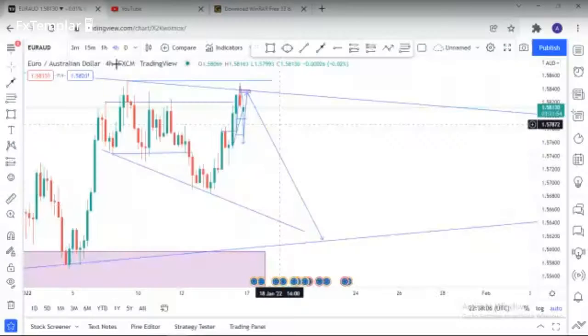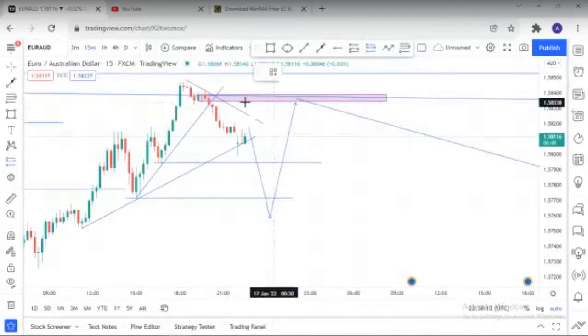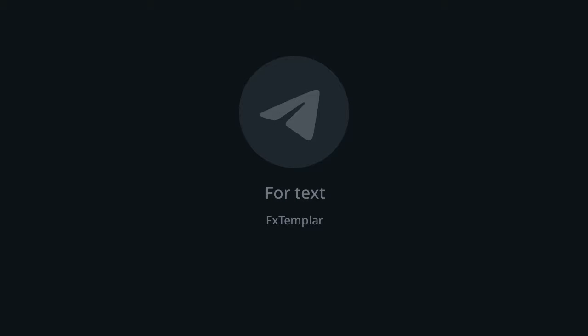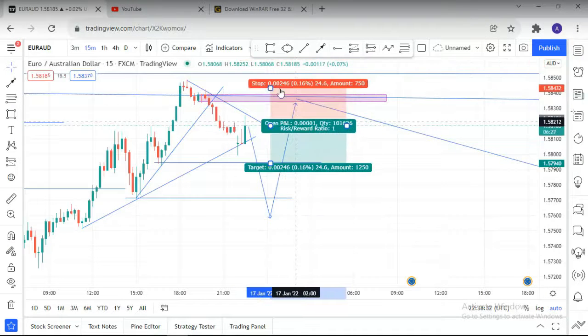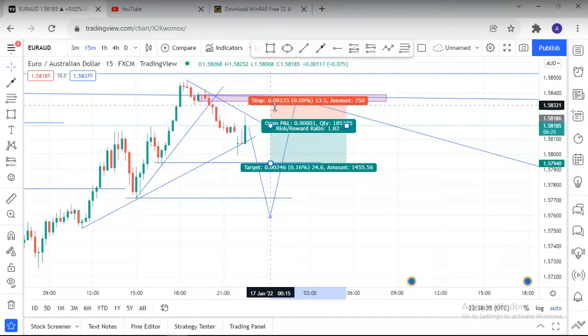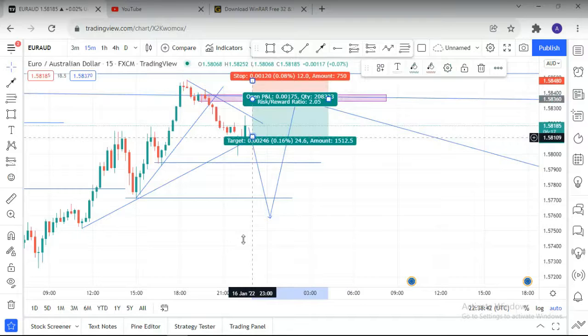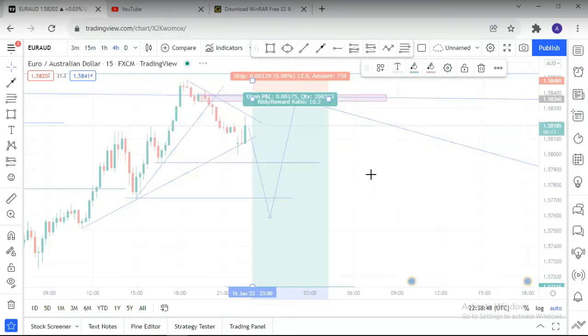If I wanted to take that trade, let me quickly set that up on the 15 minutes and see what that trade is potentially going to look like.